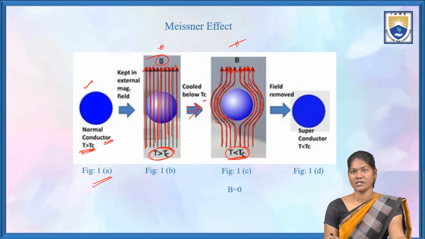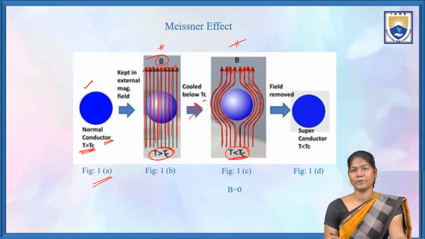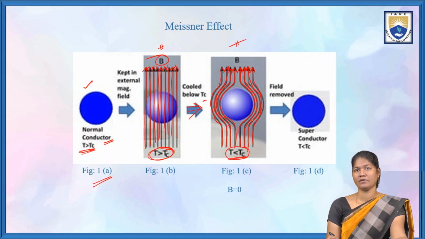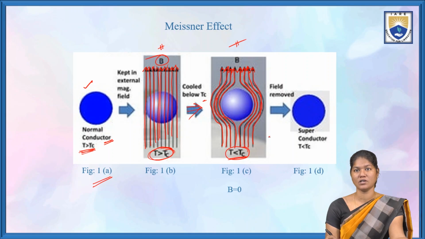Because it acts as a superconductor. When it is cooled below the critical temperature, it becomes a superconducting state, so that a superconductor does not allow the magnetic lines to pass through it. So B is equal to 0 for T less than Tc.